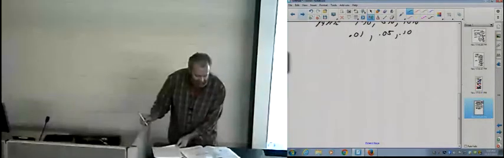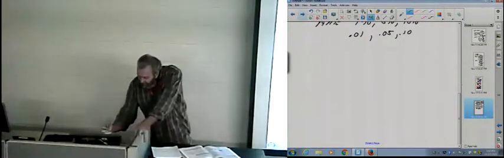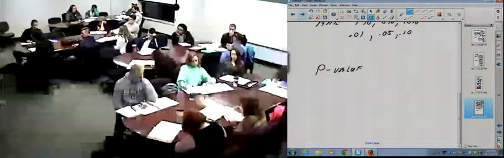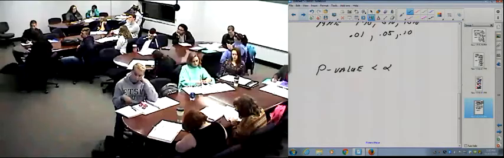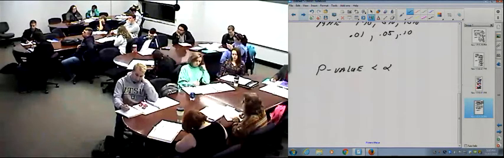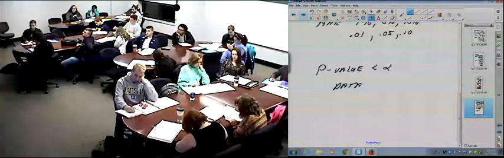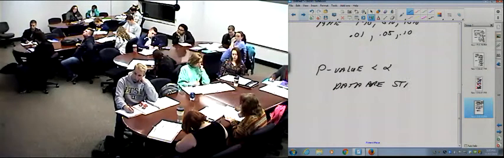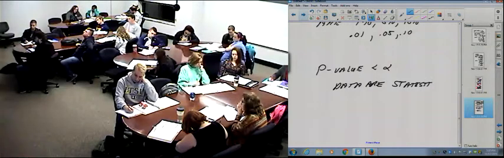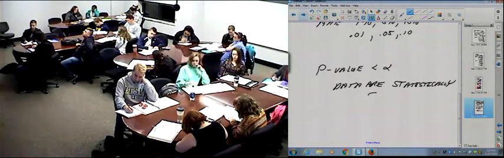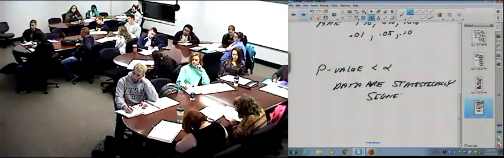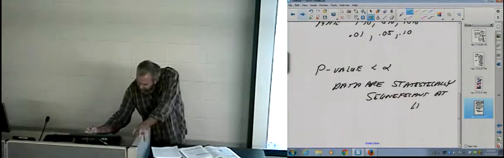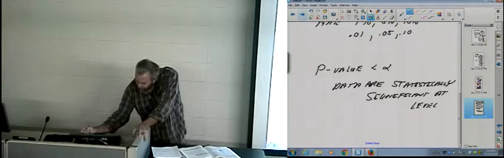I'm on page 399. It's a little box there. If your p-value is less than your significance level, then the data are statistically significant at level alpha.